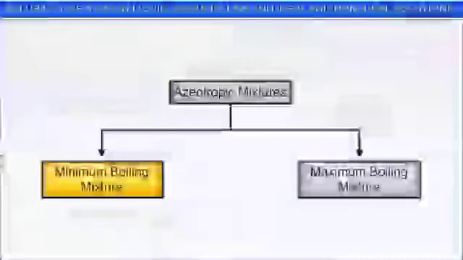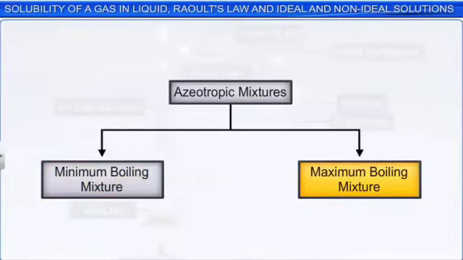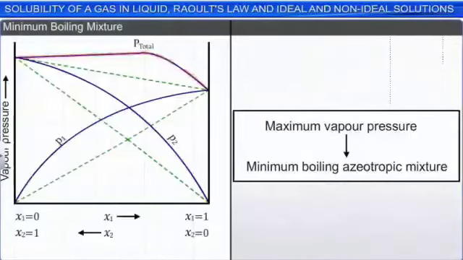Azeotropic mixtures can be further classified into two categories: minimum boiling mixture and maximum boiling mixture. Let us first discuss the minimum boiling azeotropic mixtures. When the positive deviations from ideality are sufficiently large, the mixture is said to be a minimum boiling azeotrope.